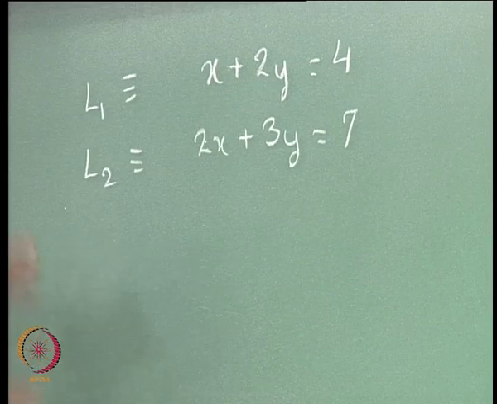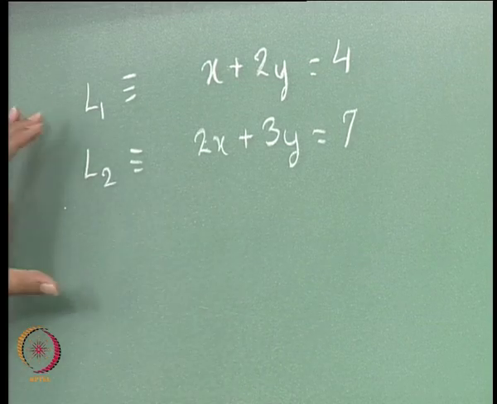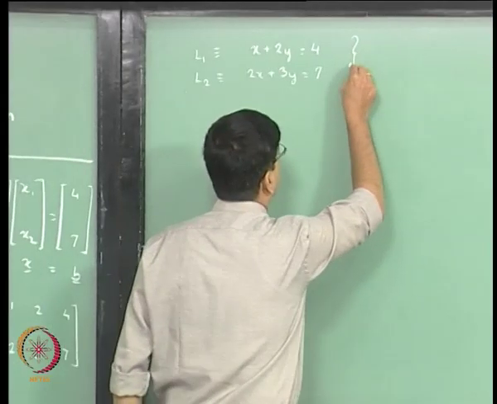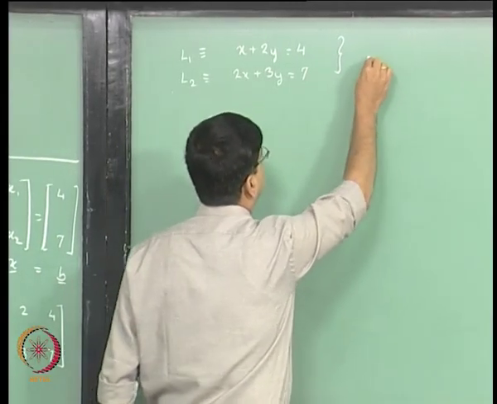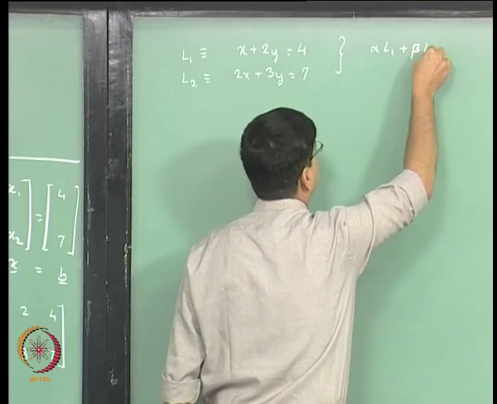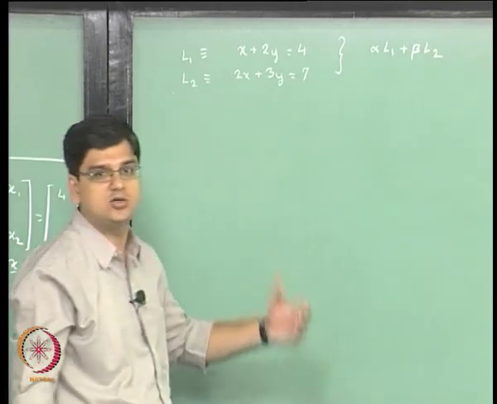Okay. Now, let us take a linear combination of the line L1 with line L2. Okay. And a linear combination basically means that we are going to take alpha L1 plus beta L2, where alpha and beta are two scalars.